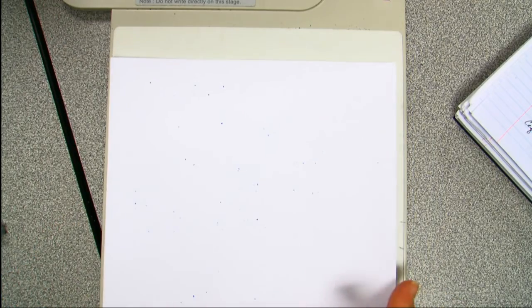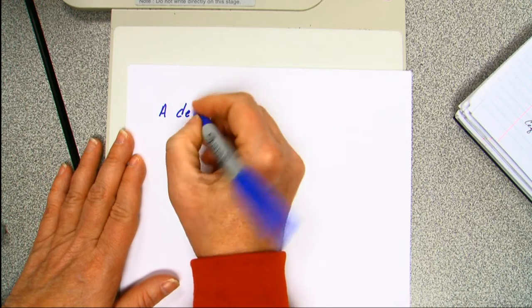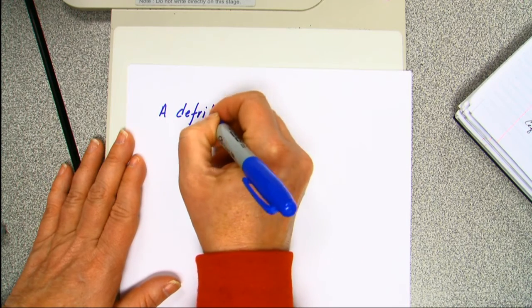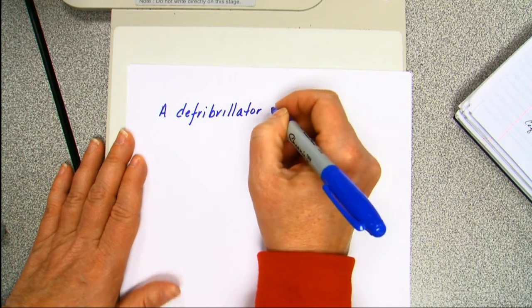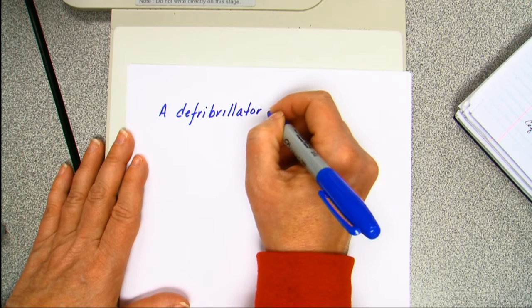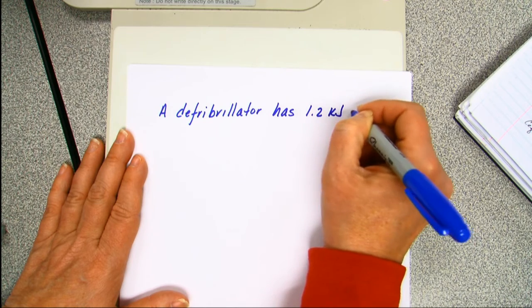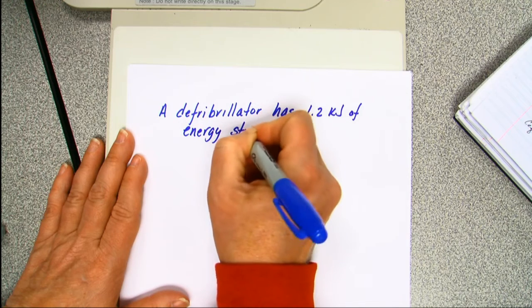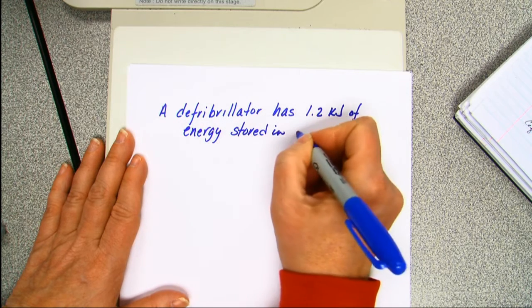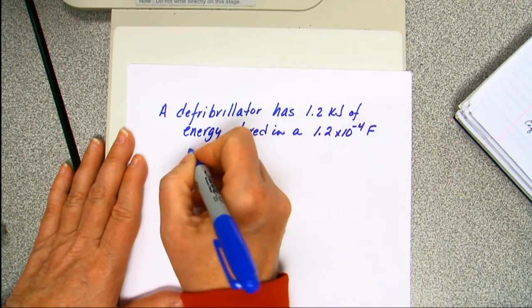Let's do this. So we'll do a defibrillator problem. So we'll say I have a defibrillator, and it says our defibrillator has 1.2 kilojoules of energy stored in a 1.2 times 10 to the minus 4 farad capacitor.